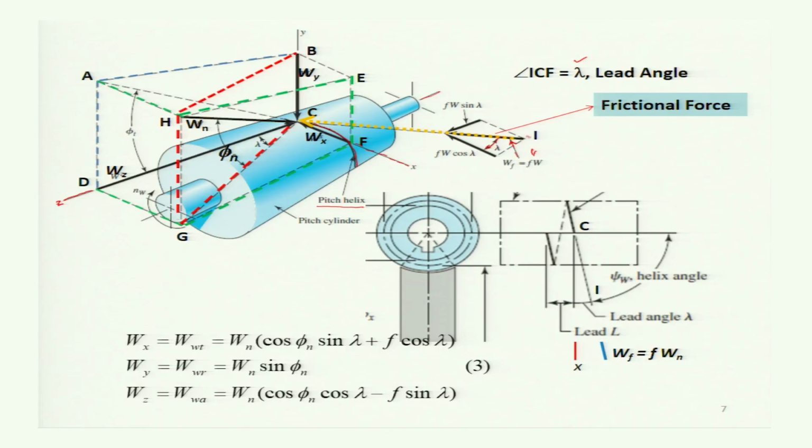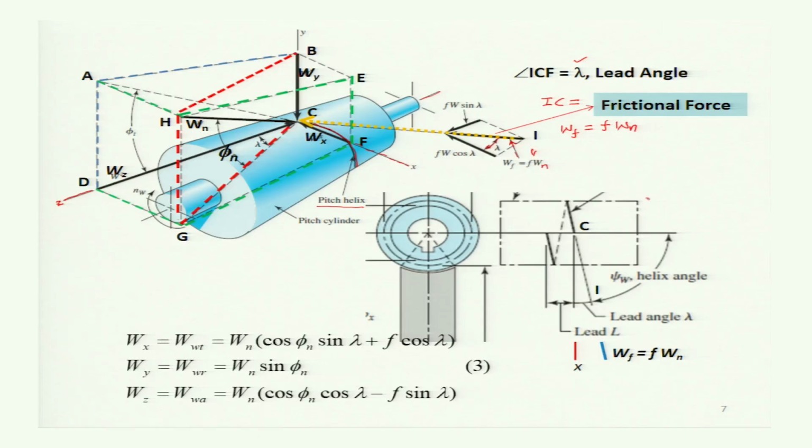I to C is the frictional force, and that is equal to the coefficient of friction f multiplied by the normal force acting on the thread, which is Wn. So the frictional force Wf is f multiplied by Wn. Here is the Wn.